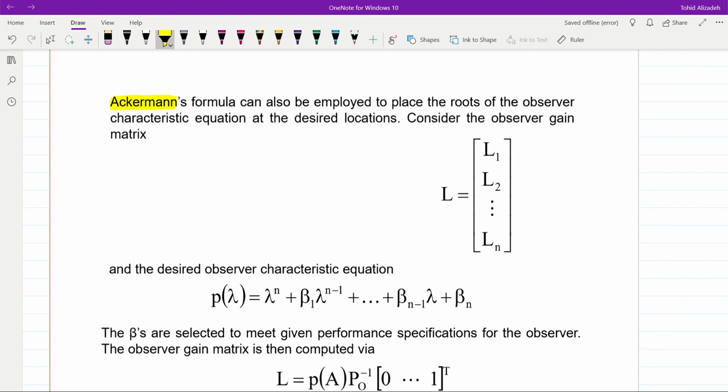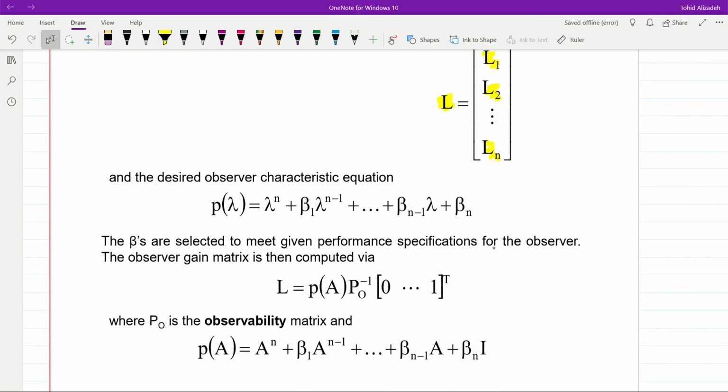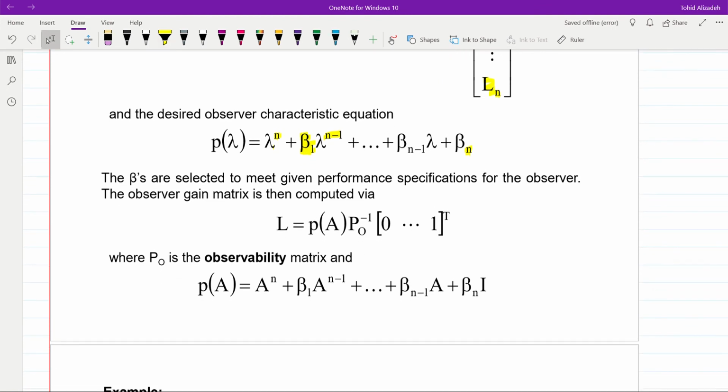In this case, we consider the observer gain matrix L as a column vector with L1, L2, up to Ln elements. The desired observer characteristic equation will be in this form: lambda to the power of n plus beta 1 lambda to the power of n minus 1 and so on, plus beta n at the end.